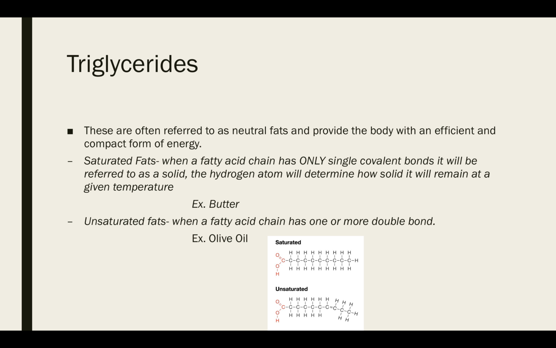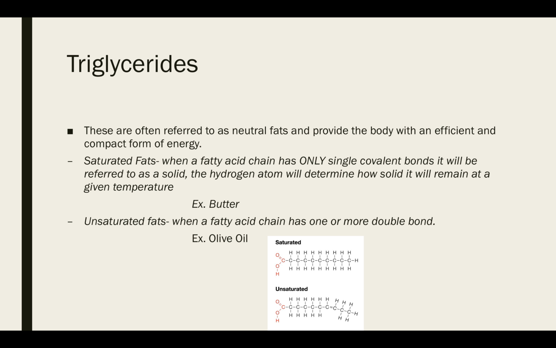There are two of them. We'll start off with saturated fats. A saturated fat is a fatty acid chain that has only single covalent bonds. It will be referred to as a solid, with hydrogen atoms determining how solid it will remain at a given temperature.